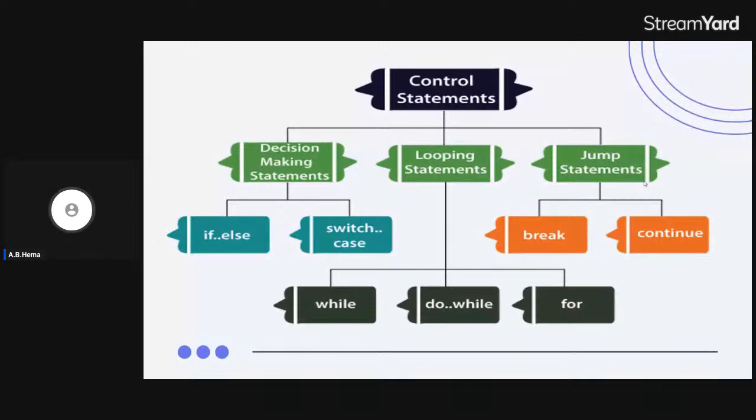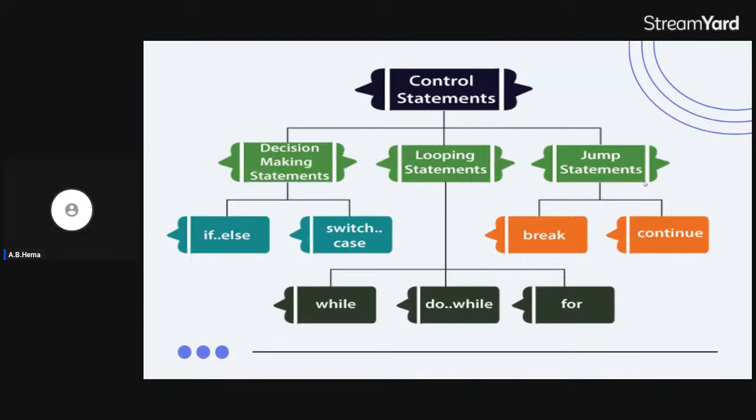The for loop, for each loop, and while loop are entry check looping statements, and the do while loop is exit check. In entry check, the condition is checked and then the particular loop is executed. If you look at exit check looping statements, first the block of code will be executed and then the condition is checked.